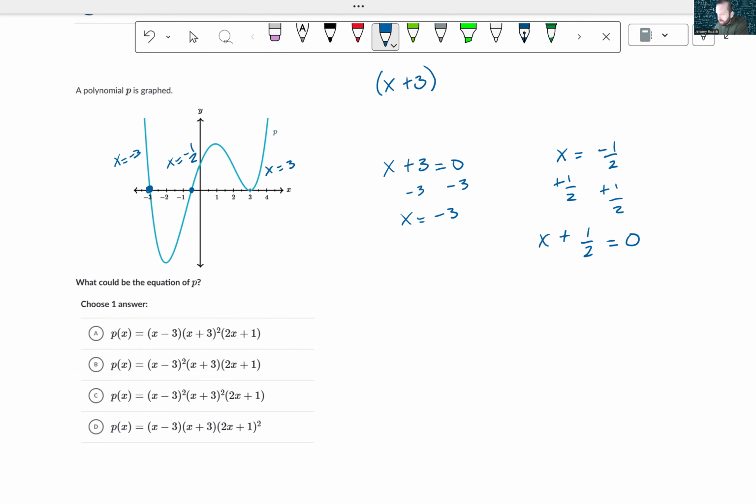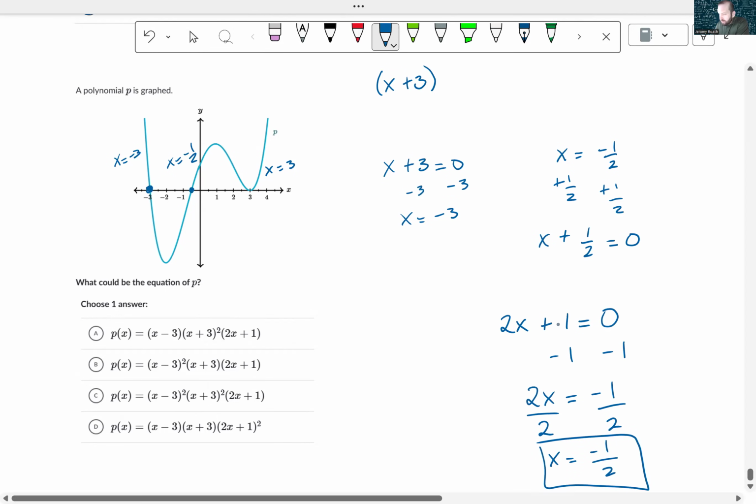We're going to now check these just to make sure that we get x equals negative 1/2 from 2x plus 1 equals 0. So we subtract 1 on both sides. 2x equals negative 1. Divide by 2 on both sides, and we get x is negative 1/2.